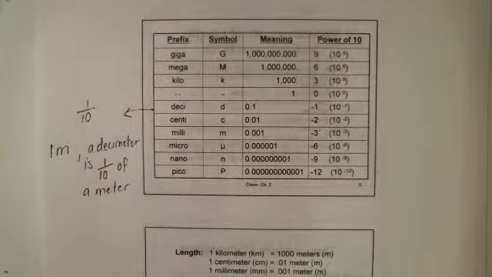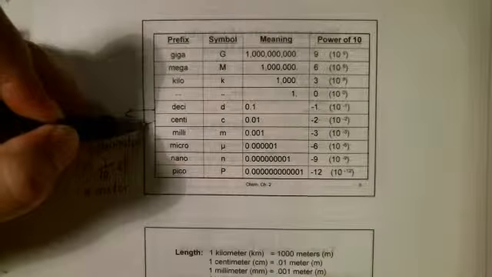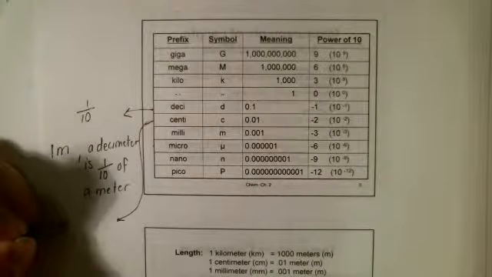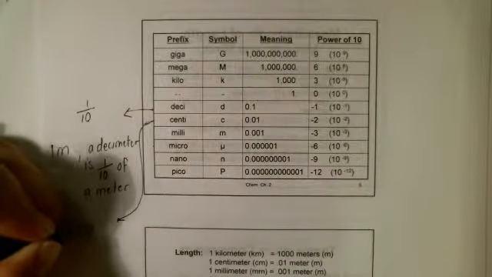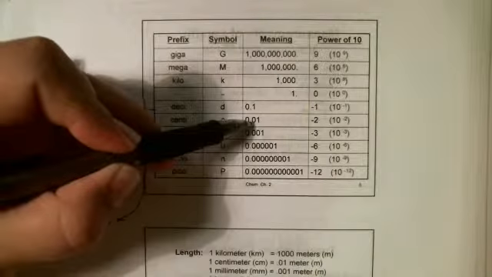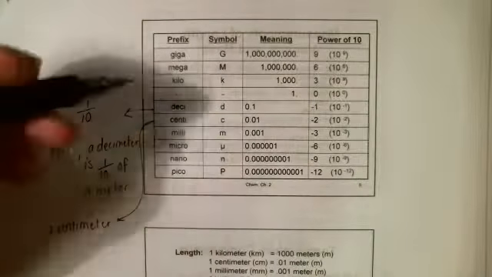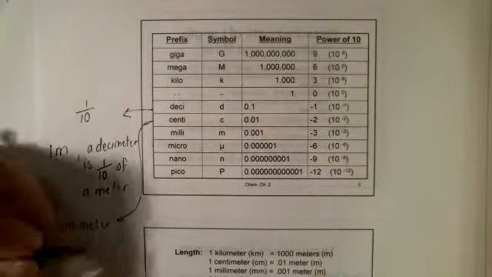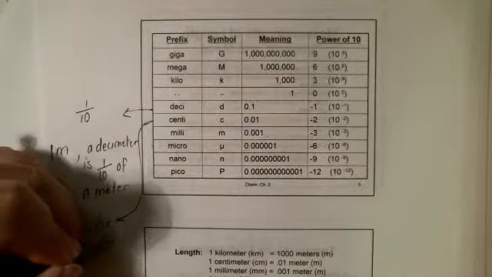A centimeter, let's do that down here. A centimeter, centi is 0.01 or 100th. So a centimeter is 100th of a meter.